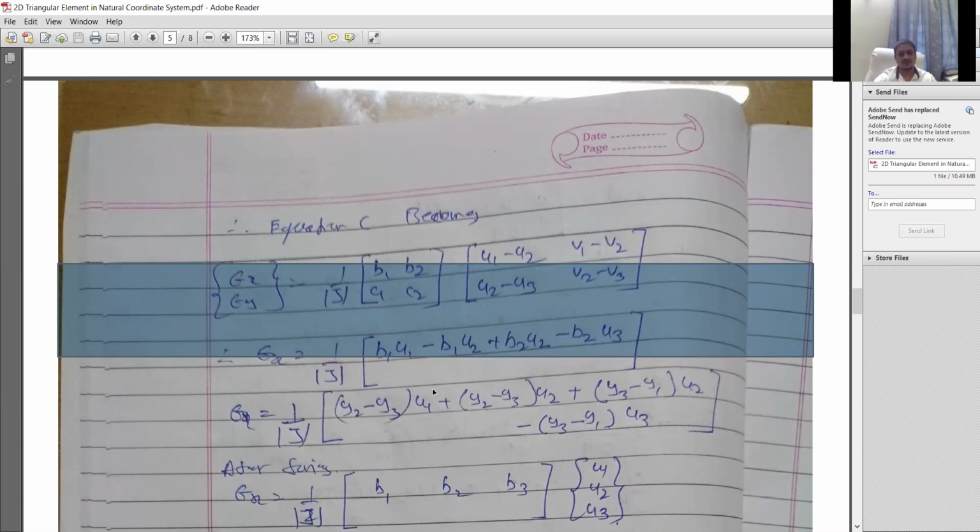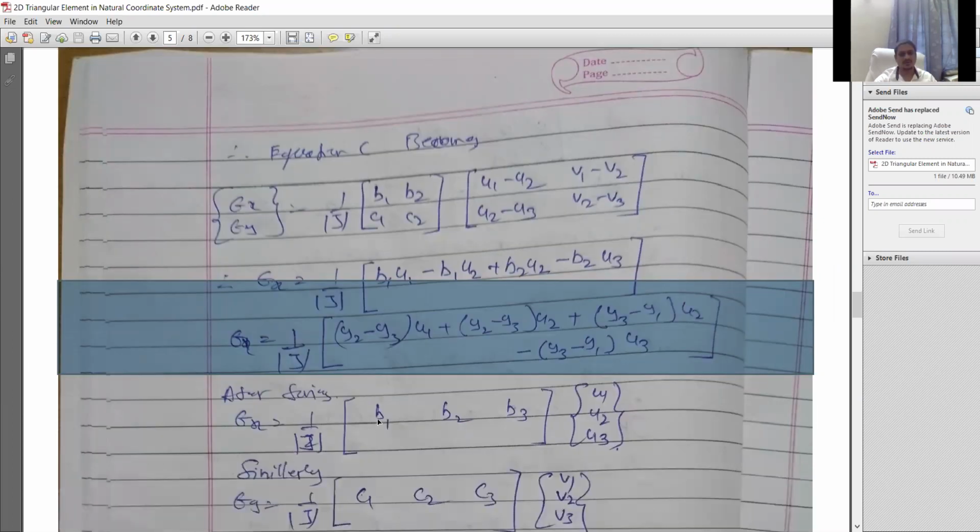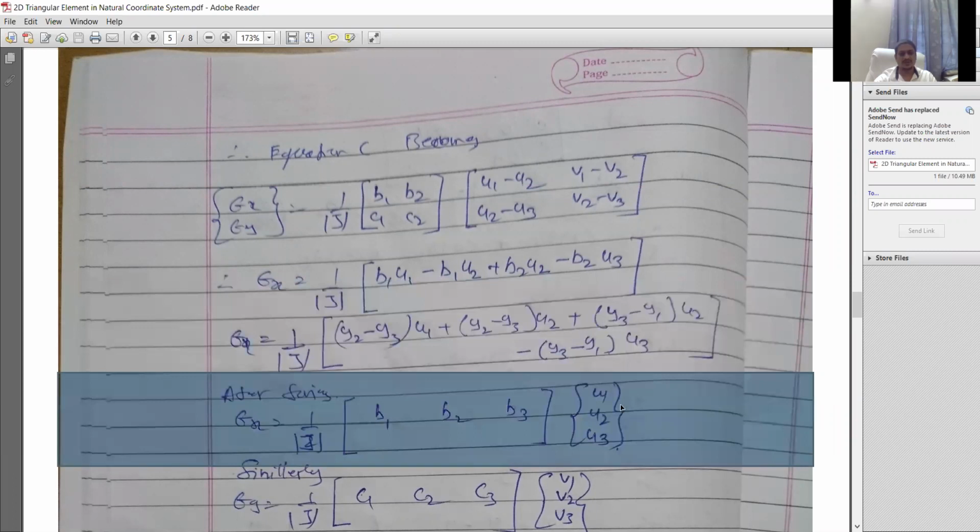So now if you solve these components, you just take out y1 y2 y3 common, and u1 u2 u3 outside. So finally you are going to get the epsilon x value as B1 B2 B3 multiplied by u1 u2 u3, which is exactly the same as what we have seen earlier when we went for the constant strain triangular element. So you can go for epsilon y also.